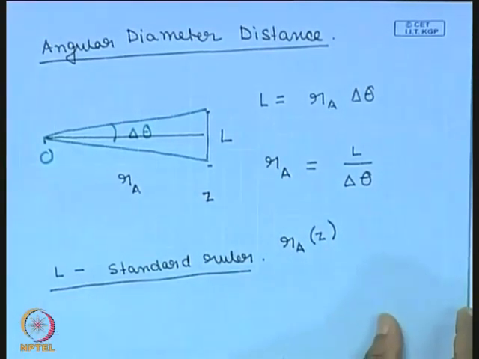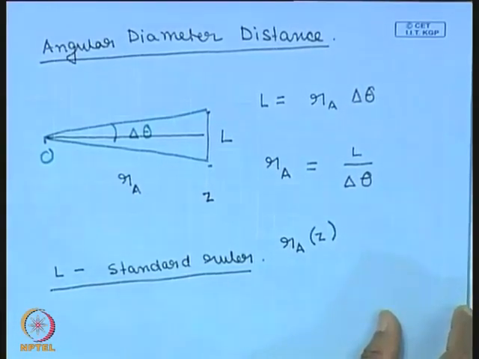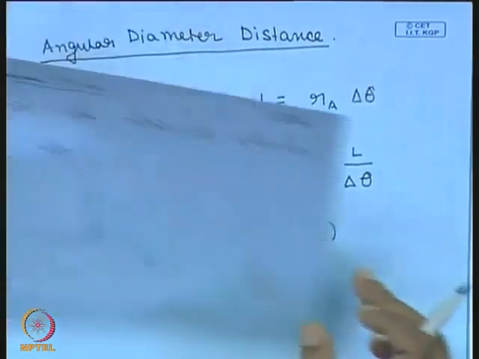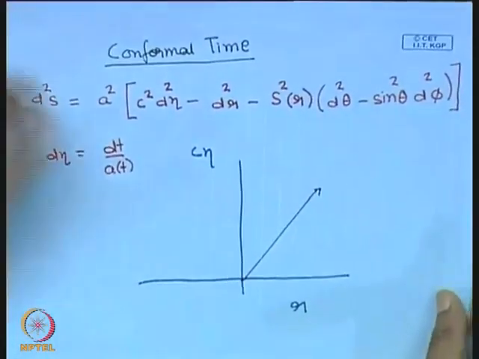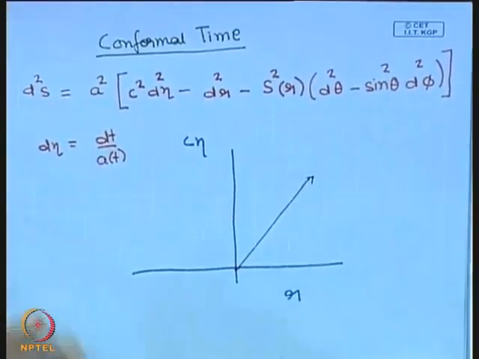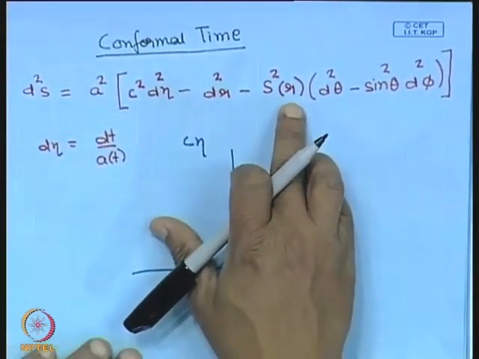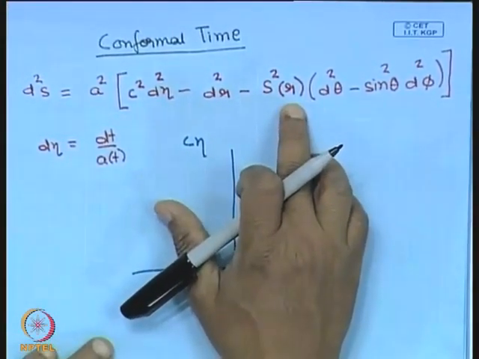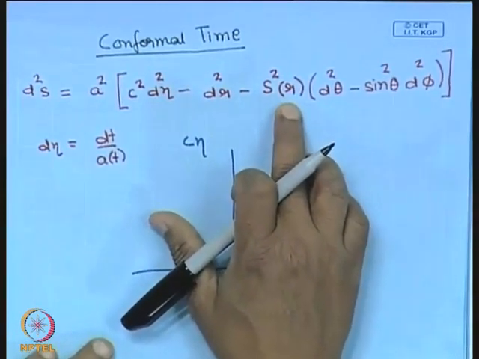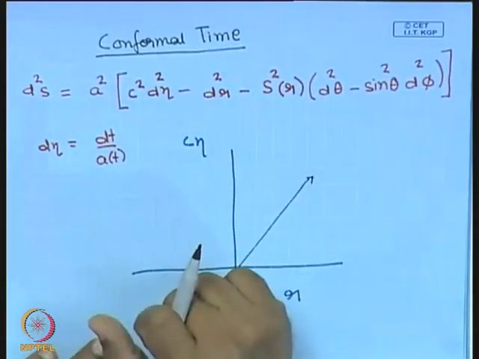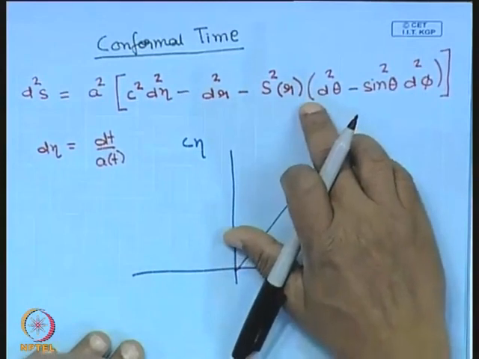So to do that, let us go back to our line element. This is our line element. So you see the object is at a co-moving distance r, let us assume that the object is at a co-moving distance r and it subtends an angle delta theta.